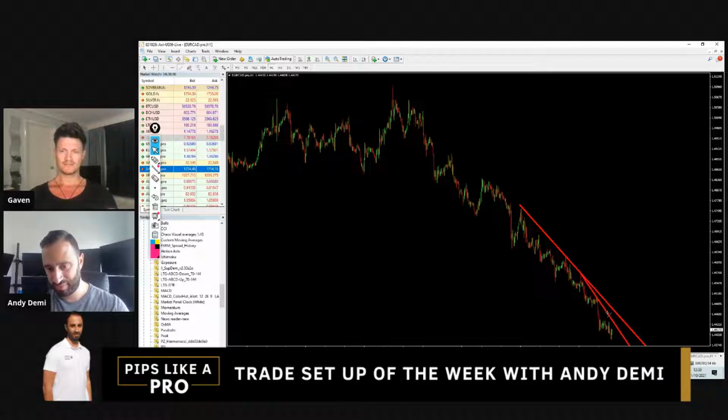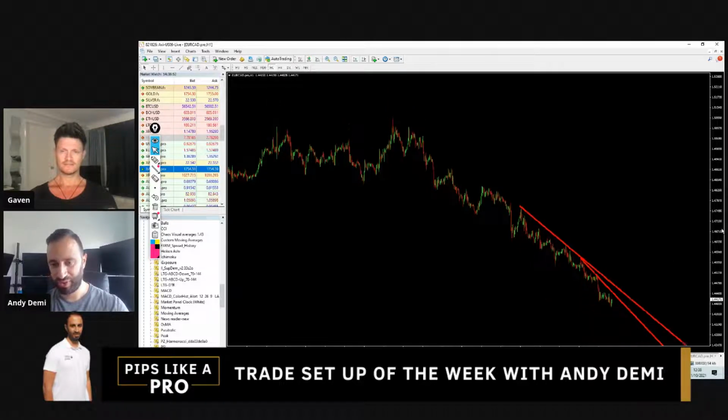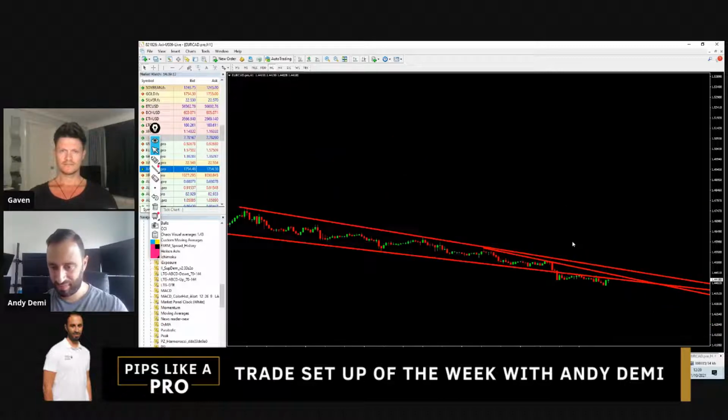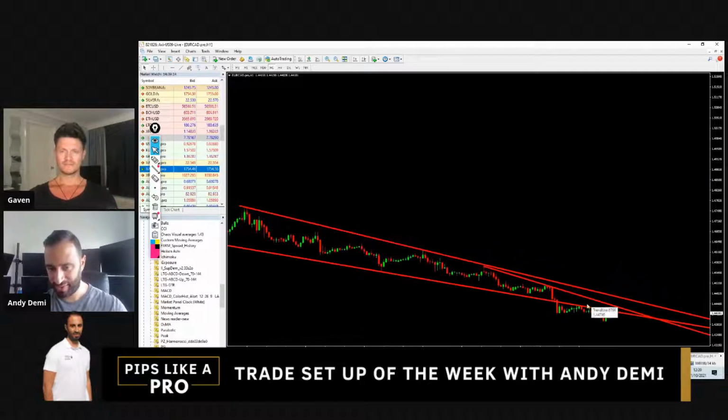But it's jumping in front of a train. Hold on. If you just connect these points here, it's actually broken through this barrier of support, and this is now acting as resistance, and it's right there as resistance.